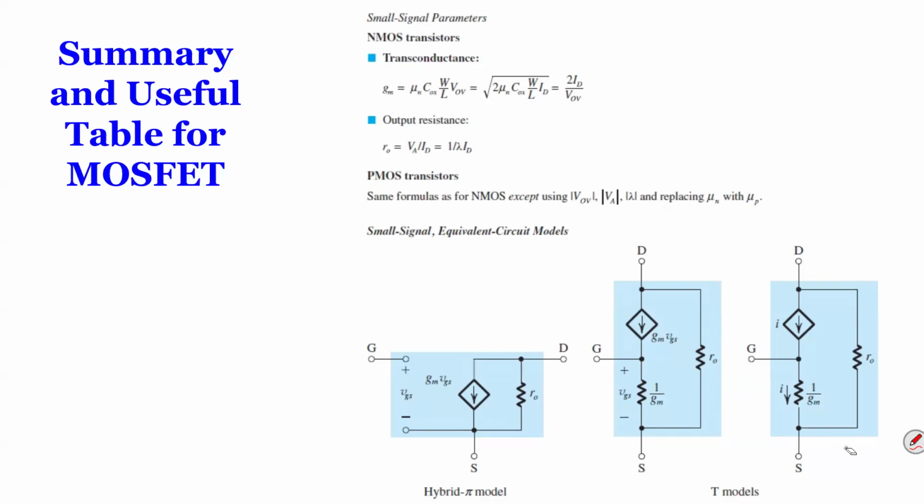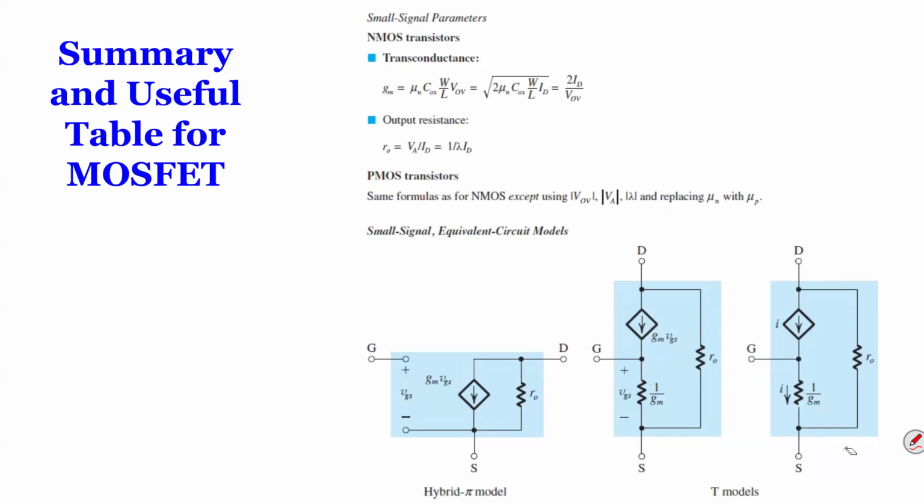The methodology makes your life very simple. You understand the procedures, instead of focusing heavily on the mathematics, right? This is very important. You follow the procedure, you are careful with the numbers, and you'll never make a mistake. So this is the MOSFET.